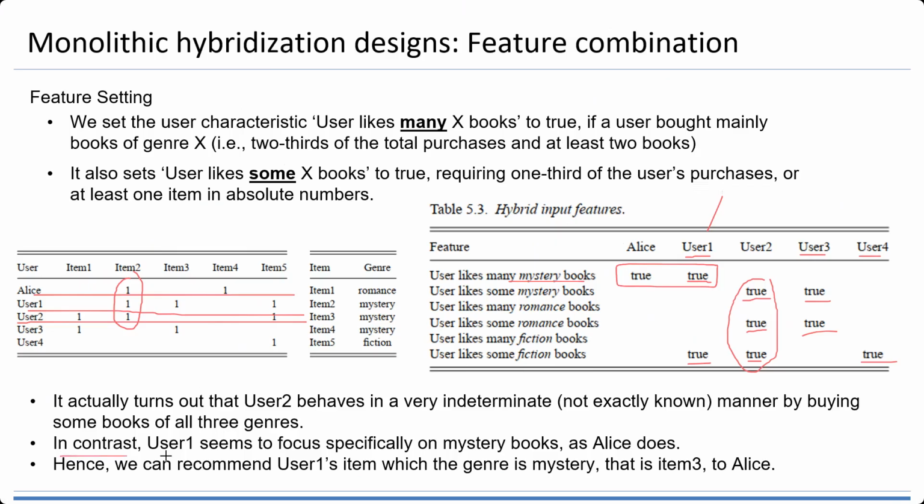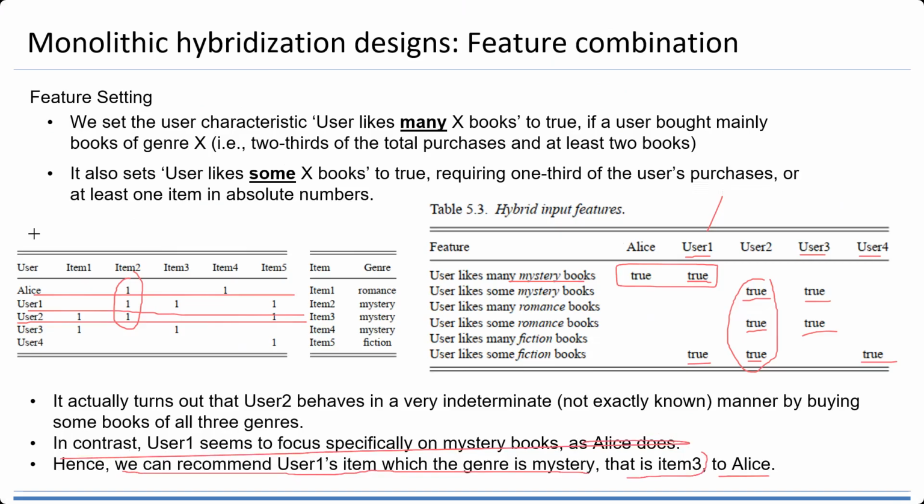So in contrast, user 1 seems to focus specifically on the mystery books as Alice does. Hence, we can recommend items from user 1 whose genre is mystery, that is item 3, to Alice.